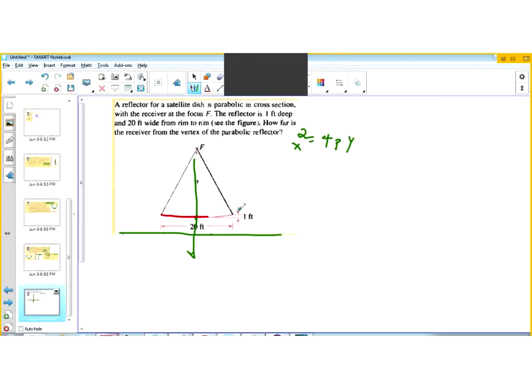So we'll make this the surface of the parabola right here. So this point right here, if we assume that... I'm trying to think, what do we assume the coordinates of this point would be?